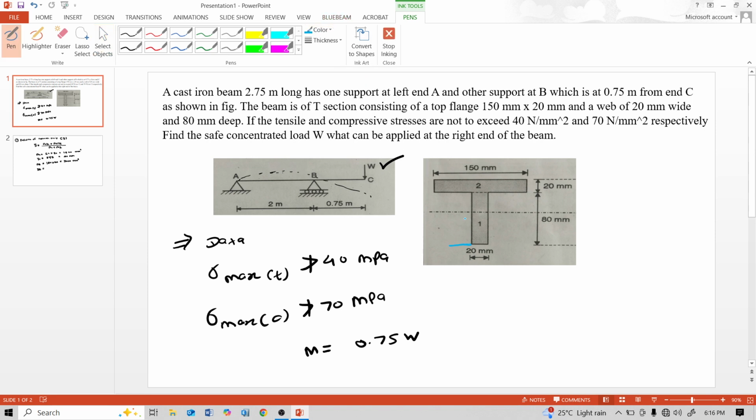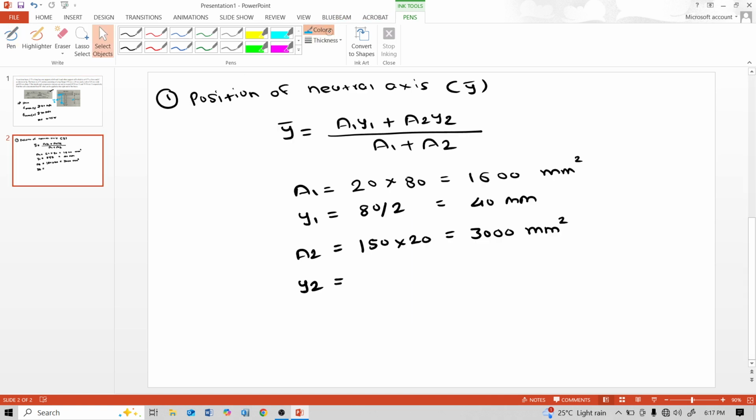The web total depth is 80 mm plus 20 by 2, that means 80 plus 20 by 2, which is 90 mm.